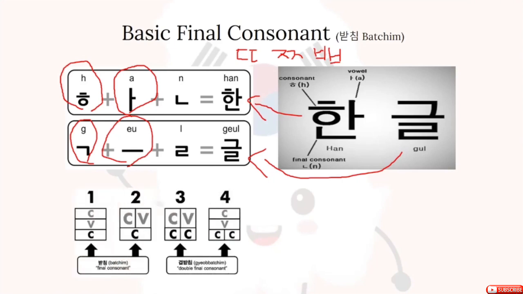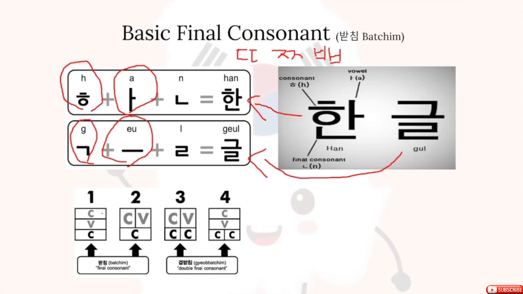So the next diagram shows us the 받침, the final consonant. You just have to understand these 4 rules. So the first one, consonant, and beneath is vowel, and the final, basic consonant.